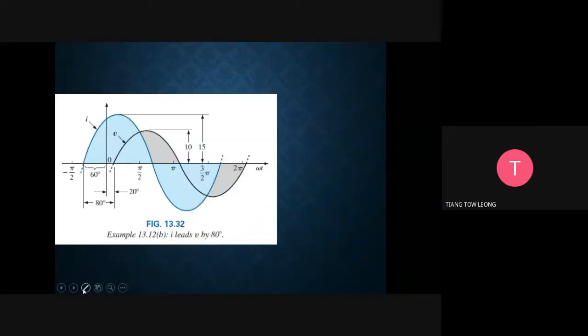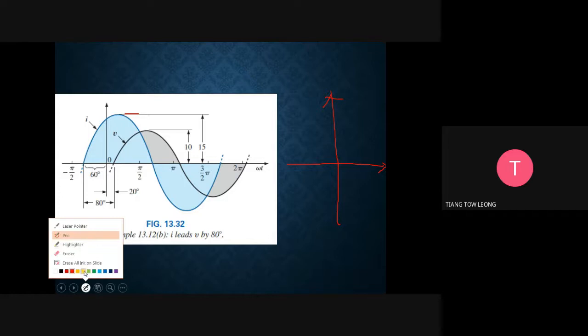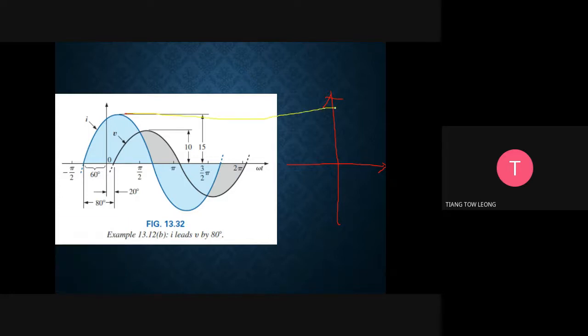Guys? Forgot already. It's okay. So, a phasor diagram is something like this. Maybe I change color first. Let's say this is my, okay, and then I change another color.